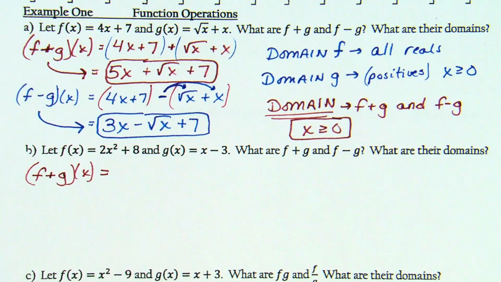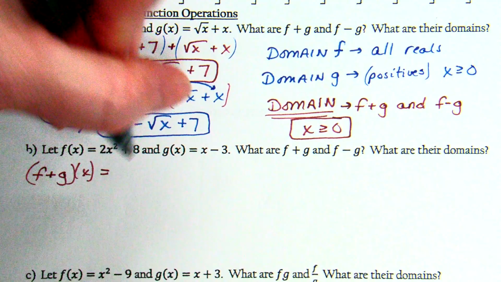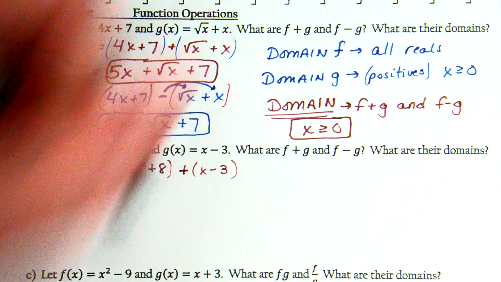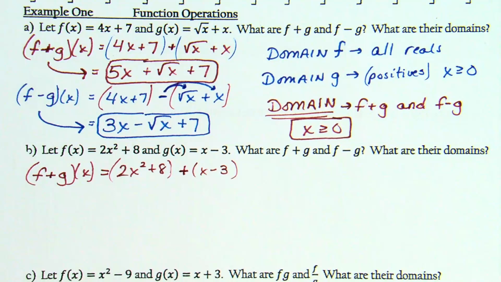Okay, what am I doing on f plus g? Adding. So we're going to be adding 2x squared plus 8 plus x minus 3. Now notice, it's just a plus, yes? What do you need to ask yourself? Are there any like terms you can put together? Can I clean that up?